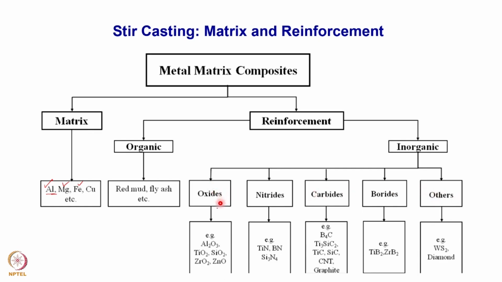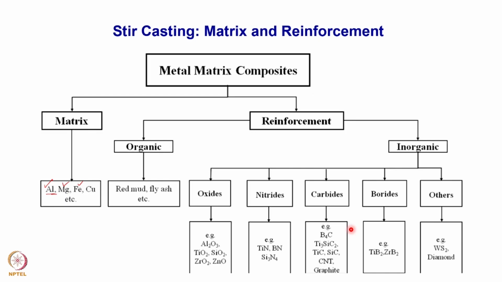The commonly used oxides for metal matrix composites are aluminium oxide, titanium oxide, silicon oxide, zirconium oxide, and sometimes zinc oxide also. On nitrides, you have titanium nitrides, boron nitrides, and silicon nitrides, and you have a variety of carbides which can be added.